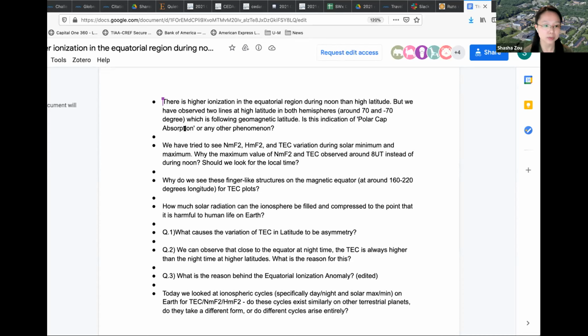The polar cap absorption is due to more energetic particles. They usually happen when we have solar energetic particles or cosmic rays, or in some cases very energetic particles coming from the magnetosphere that can penetrate all the way down to 90 or even 80 kilometers and create that E region. That will be the time when high frequency radio communications can be absorbed, so we call it polar cap absorption.